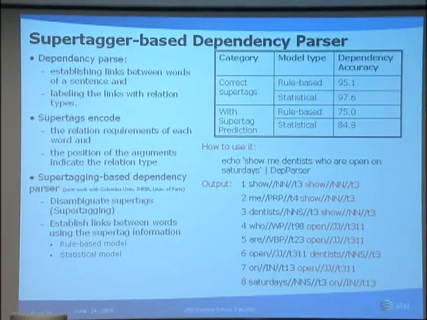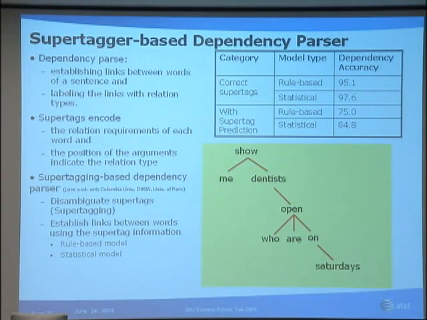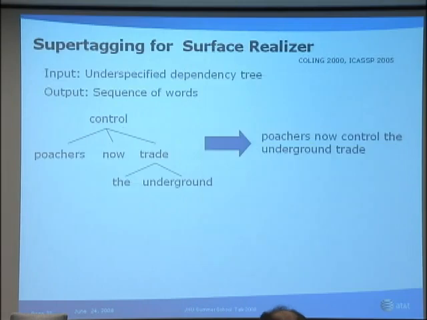That's essentially a flattened representation of the dependency tree. So most of the parsing problem can be viewed as a tagging problem with an enriched tag set. That's the message to take home there.